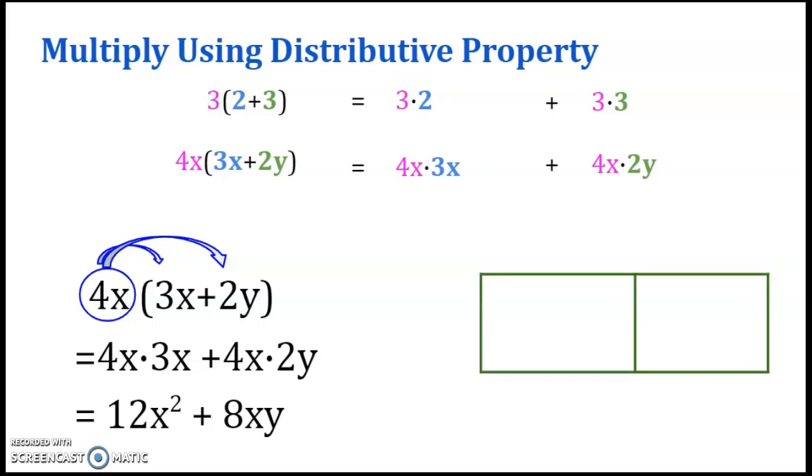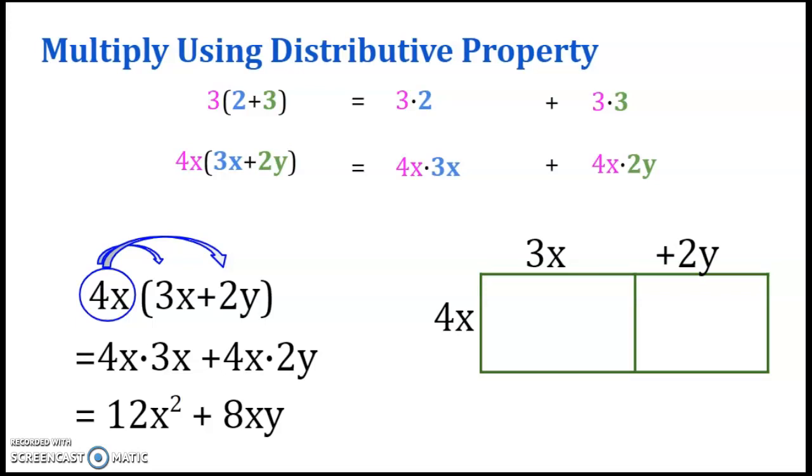And if you recall from last year, you learned the area model. You did this multiplying last year, where you used the area model and where you are multiplying 4x. That would be one of the lengths of the rectangle, and then 3x plus 2y is going to be the other width of the rectangle. So we call this the area model.